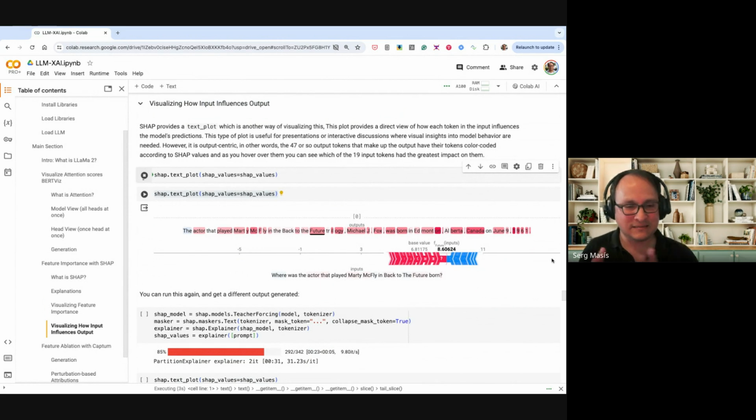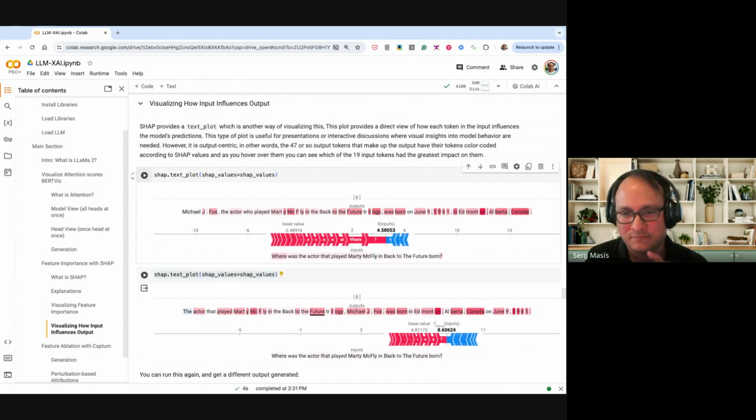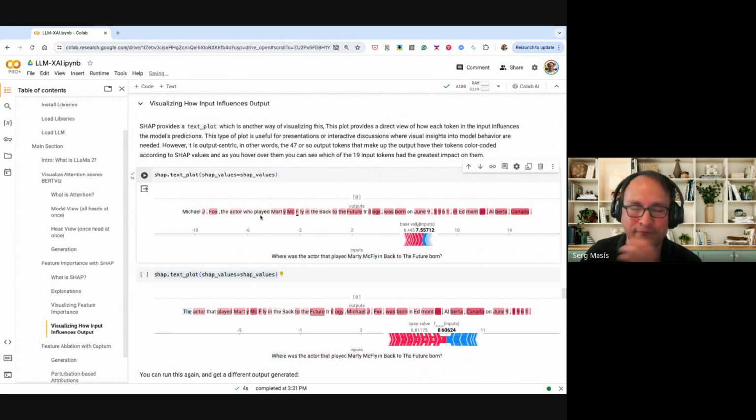This is a nice little plot, but these plots that SHAP does can be very featured, very information dense. So you kind of have to know what you're looking for. Here, if I go over one word, you see how certain inputs are most connected to it.